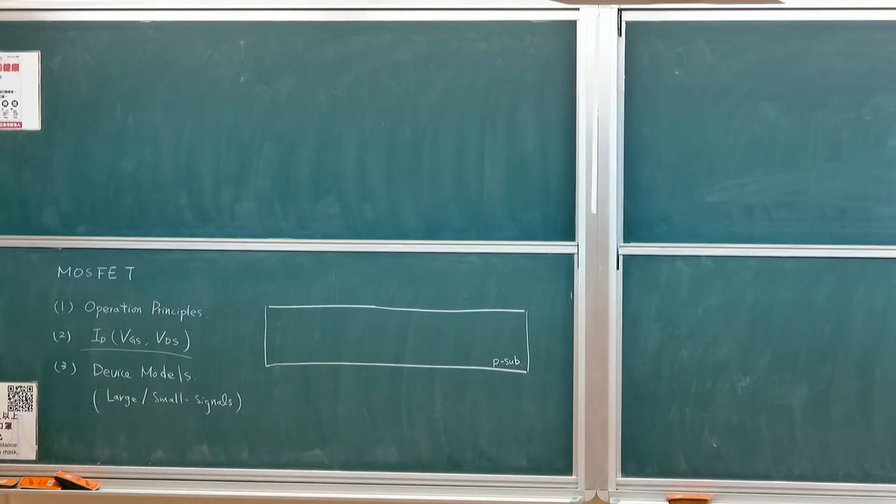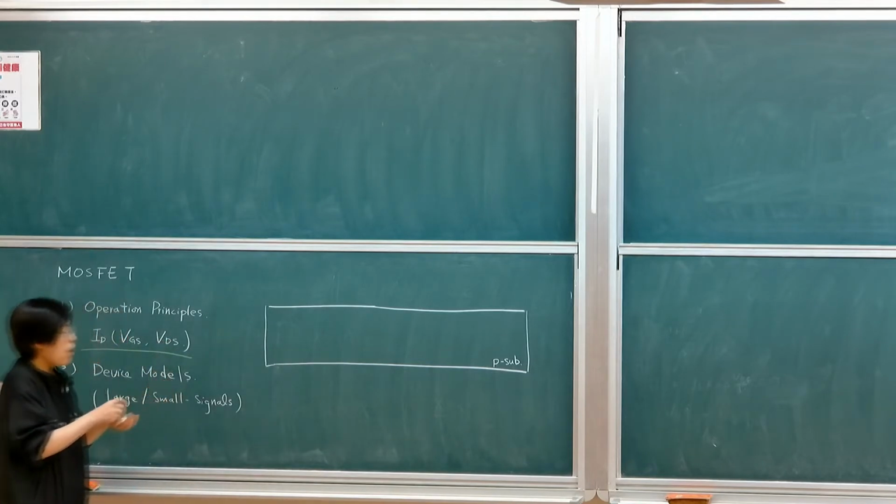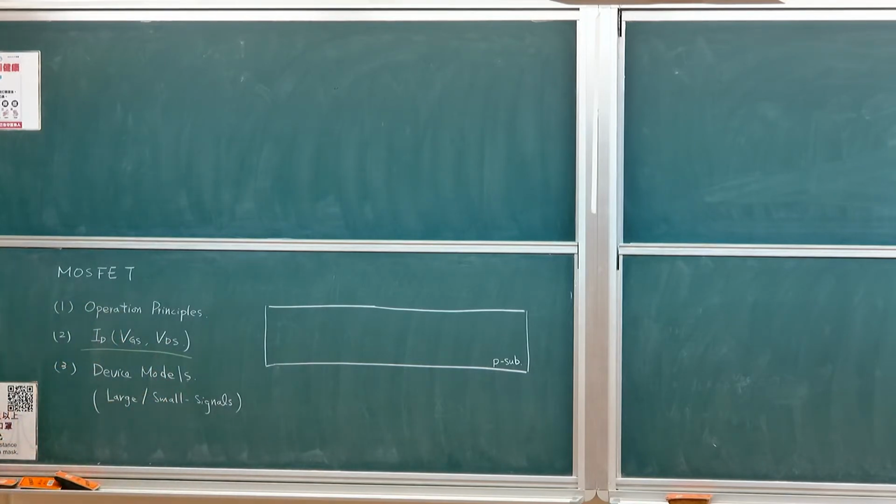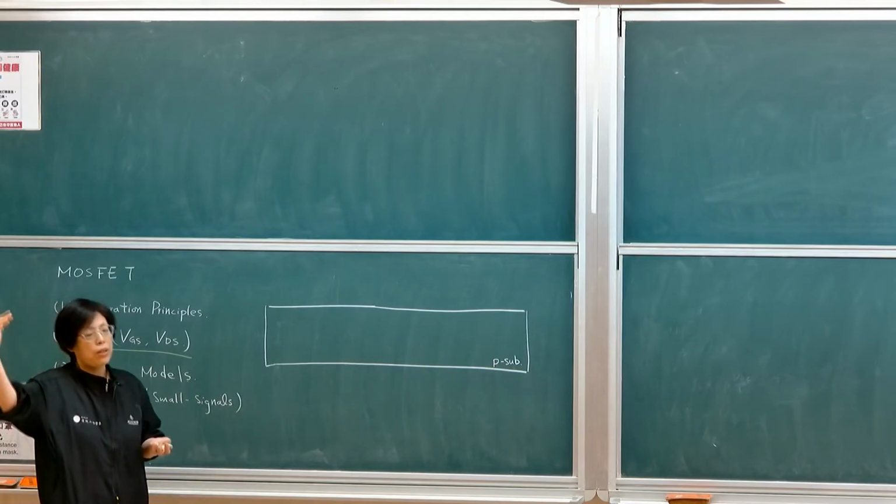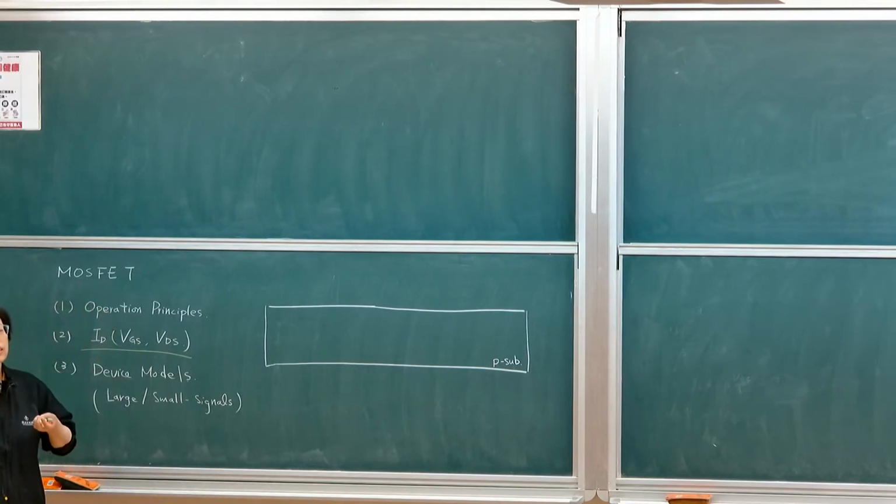Before we talk about the operation principle, I wanted to spend a little time on the cross-sectional area, a more precise or modern cross-section. It depends on what type or generation of technology you're using; you'll see different things when you cut into the transistors.